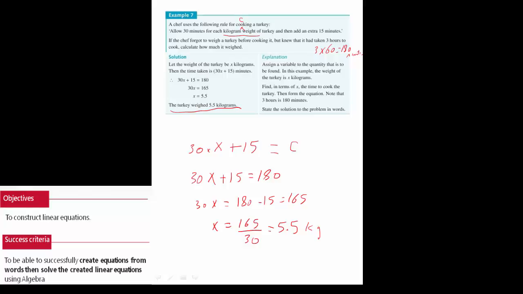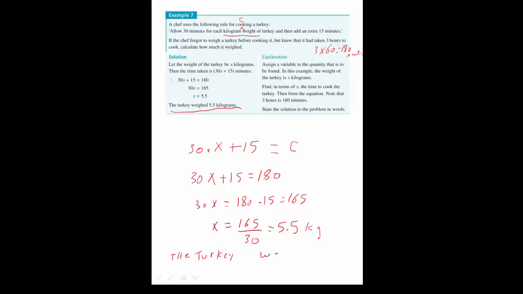So we say the turkey weighed 5.5 kilograms. So very important: find the rule, find the extra information they gave you, utilize the rule, get the value, and then answer the question.